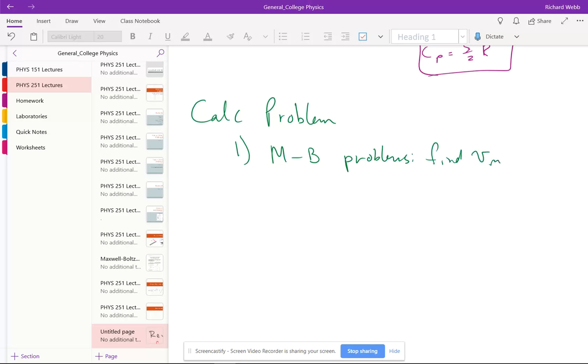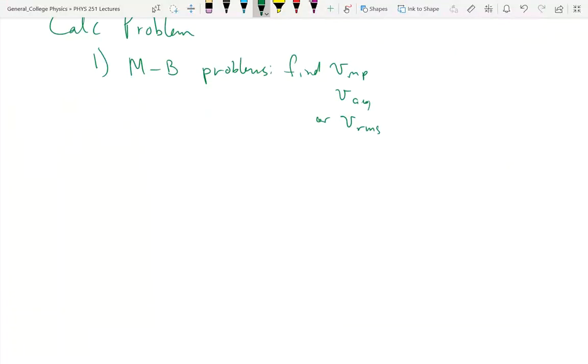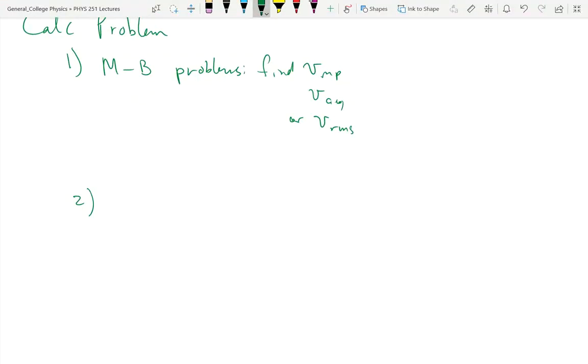Find V most probable, V average, or V RMS. That's the first thing you could have. The second thing you could have is to find the work or change in entropy for a thermodynamic process.